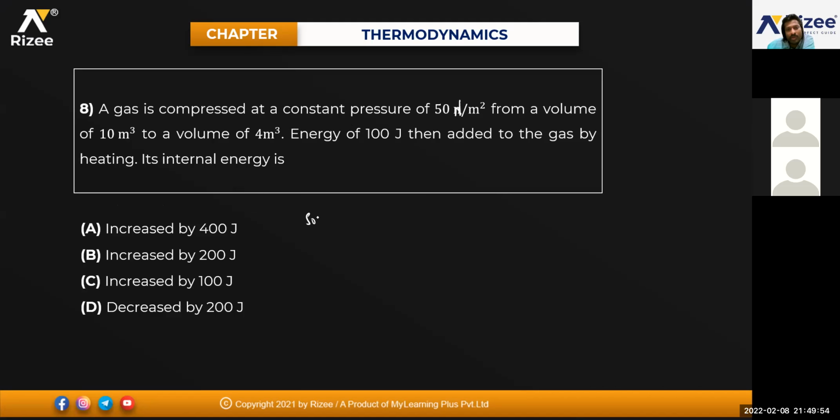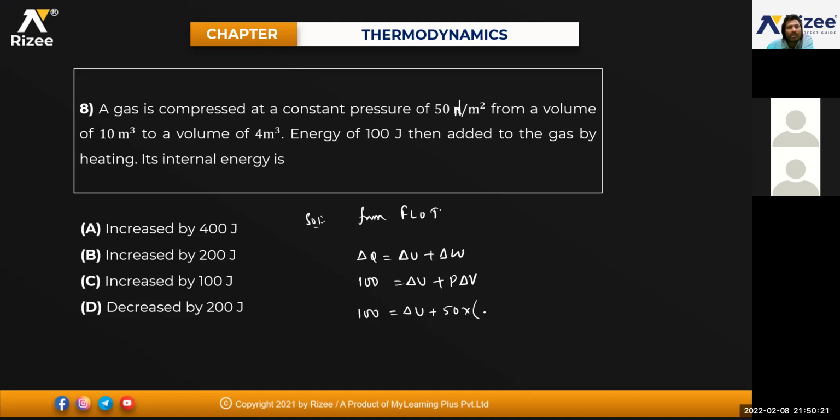Apply the first law of thermodynamics. From the first law, delta Q will be equal to delta U plus delta W. So this will be equal to delta U plus pressure into change in volume. So 100 equals delta U plus pressure, which is 50, into change in volume.